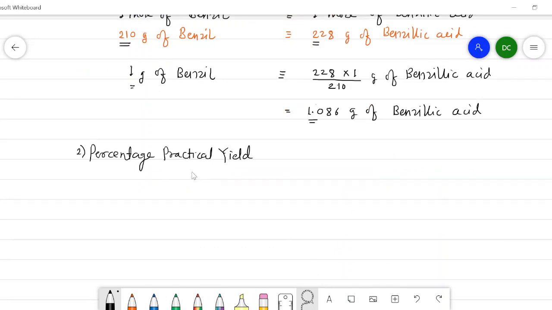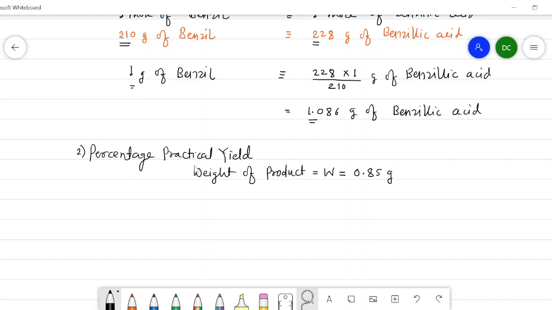To calculate the percentage practical yield, we have to know the weight of the product obtained after the completion of the procedure. So we have to write here observation, that is weight of the product, that is equal to W. Suppose I have got here 0.85 gram, that is the weight of the product after the completion of procedure.